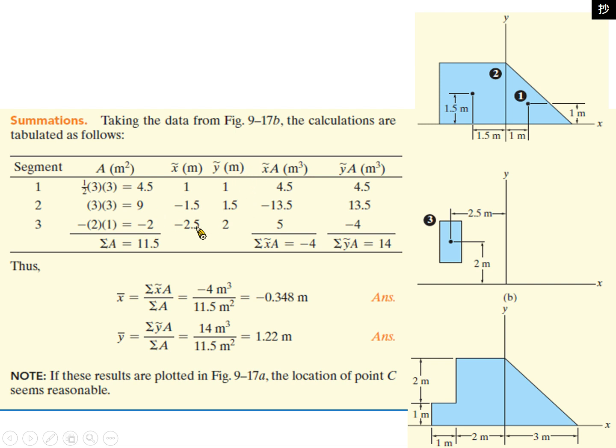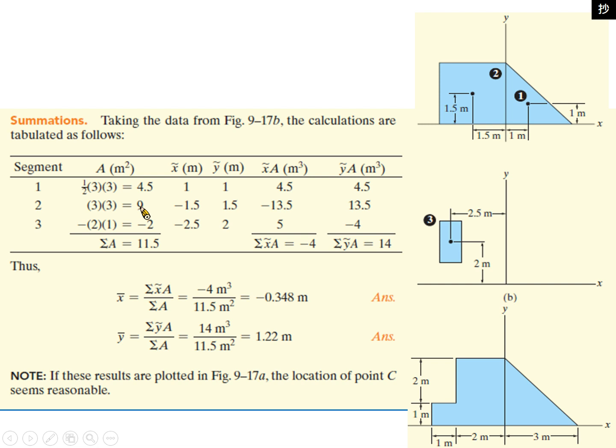Okay, then we look at area 2. Because we define x value 0 here, for the centroid of segment 2, the lever arm is negative.